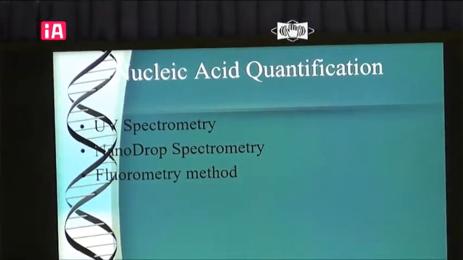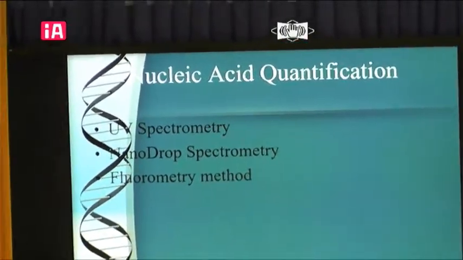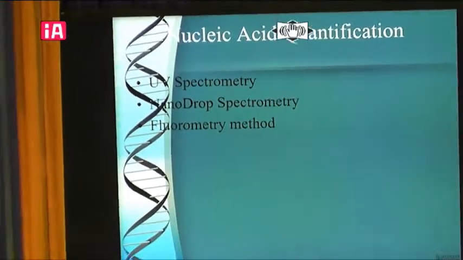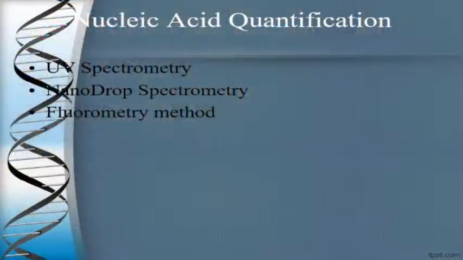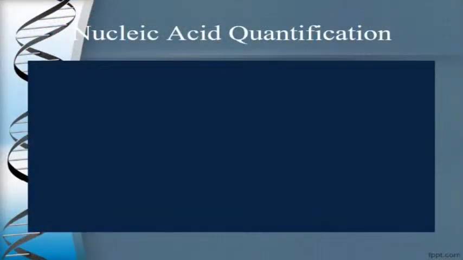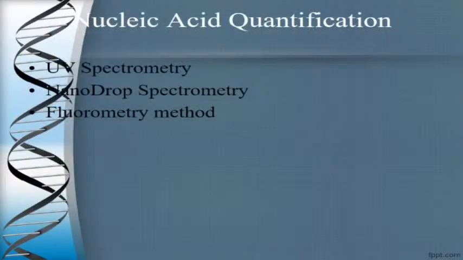After you are done with this extraction, there's another phase to know whether what you have extracted is truly what you had in mind. So there are methods to quantify the nucleic acid you have extracted. For instance, you have extracted a colorless fluid.